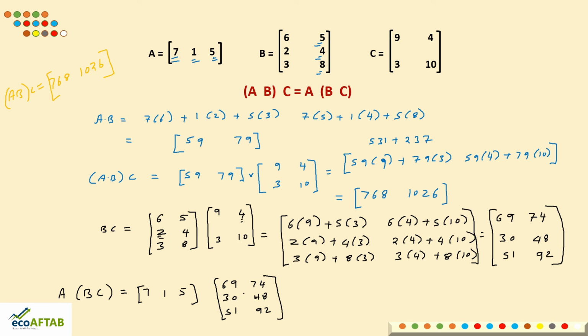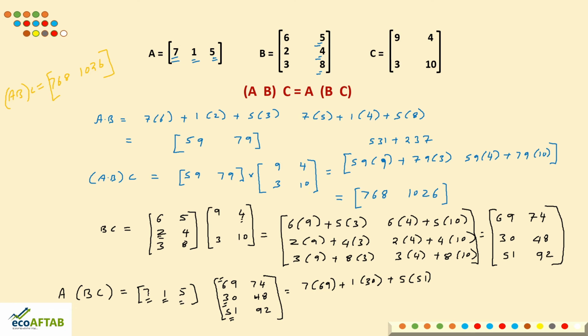By multiplying, we are going to get 7 multiplied by 69, 1 multiplied by 30 plus 5 multiplied by 51.